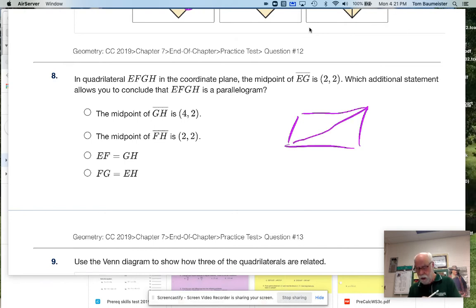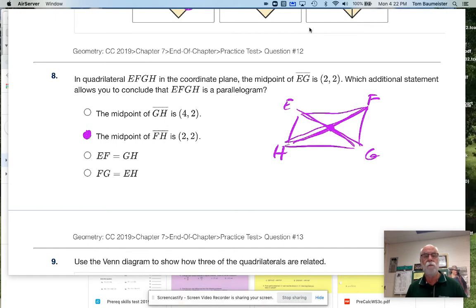Remember, for it to be a parallelogram, they both have to have the same midpoint. So if they both have to have the same midpoint, then we know that it has to be the midpoint of FH. Again, this one here, they told us this one has to be 2 and 2.